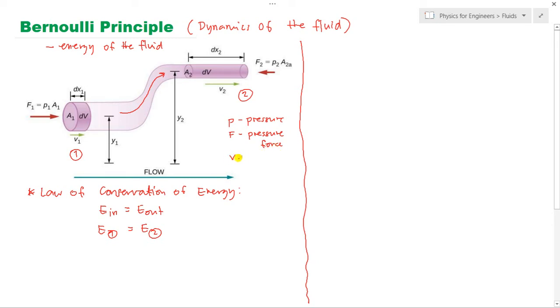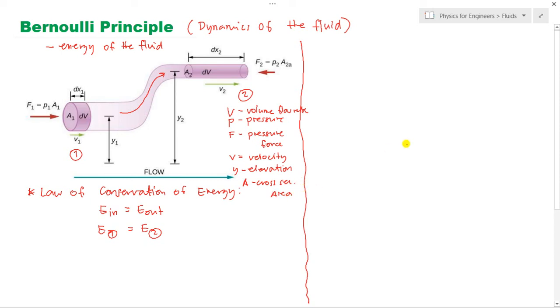V is the velocity. Y is the elevation. The big letter V is the volume flow rate, and A is the cross-sectional area.